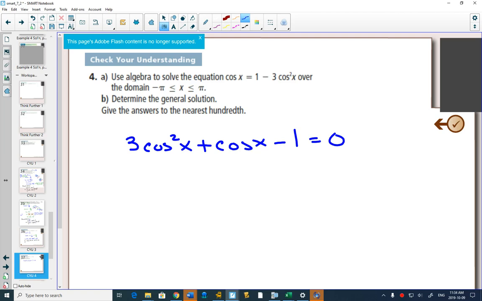With a quadratic equation, my options are to try to factor or to use the quadratic formula. Now, if I try to factor this one, the question for you is, how long does it take you to realize it can't be factored? If it's 3 cos squared, it would have to be 3 cos and cos.